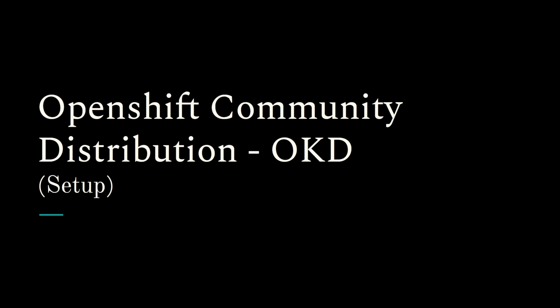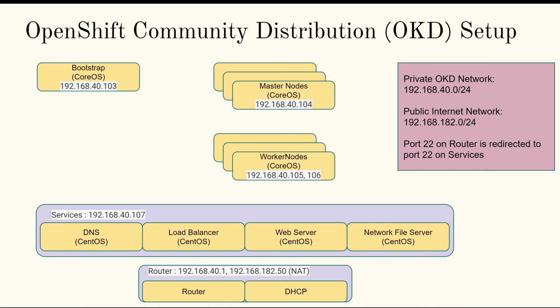So to install OpenShift on a cluster of computers, I have set up a network which I will show you now. So here it is. I set up a system called Bootstrap. It is fitted with Core OS operating system, and its IP address is also listed there.